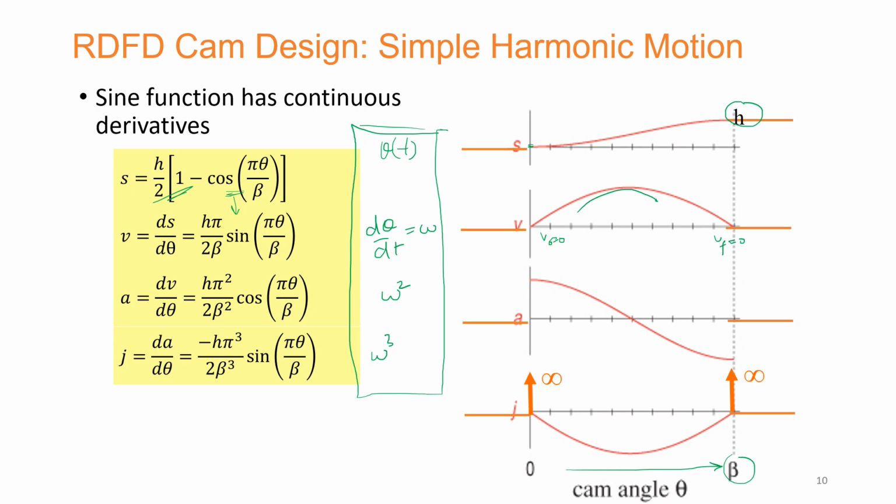And obviously, because it is the simple harmonic motion that you're observing over here, you can readily see the acceleration expression as well. So it crosses the 0 over here, corresponding to the maximum velocity over here, and quite obviously so. But the problematic area that we can observe is the discontinuity observed over here and the discontinuity observed over here.